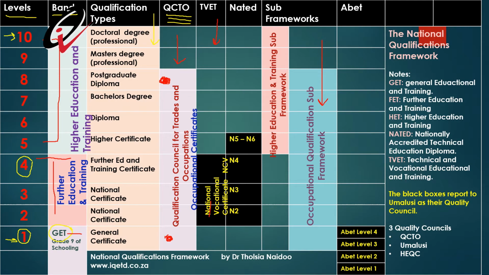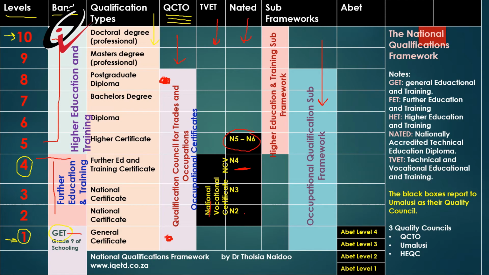This is where they play. Your N2 qualifications are here at the equivalent of NQF level 2, and your N4 generally is here, and then you have your N5 and N6, which are the higher levels. So these are your QCTO, your TVET colleges, your NATED qualifications, and that's how they fit here.